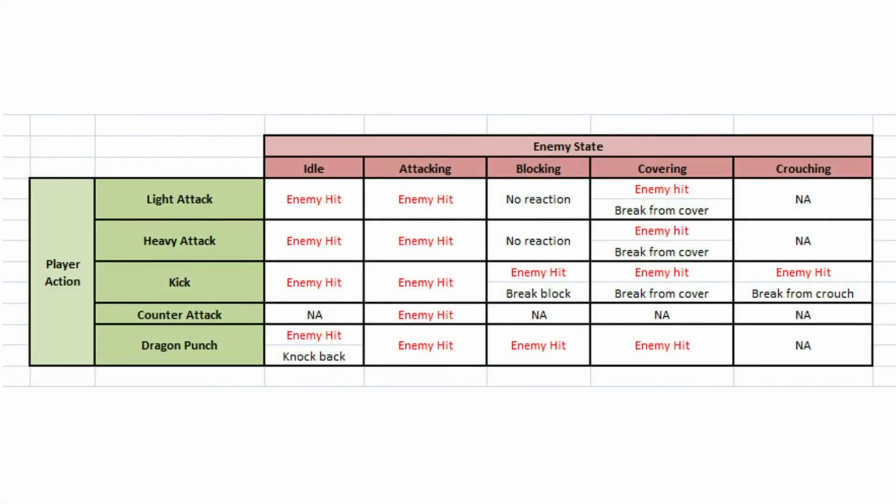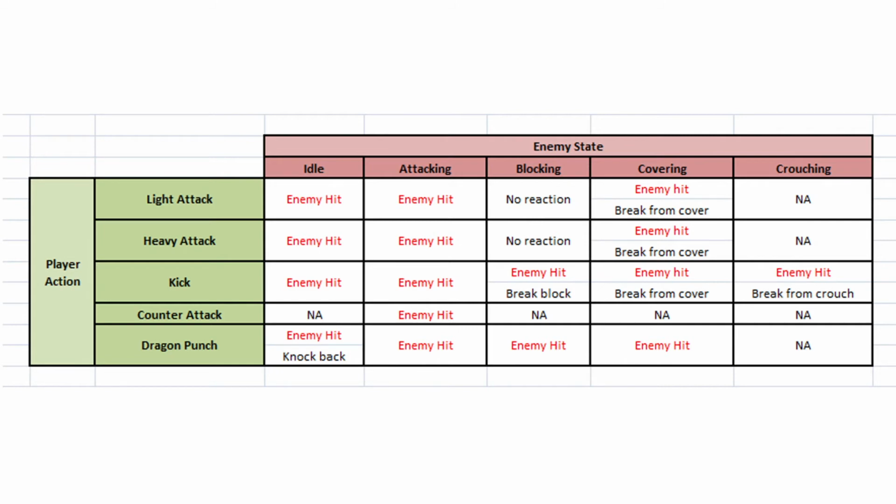So we're going to look at some stuff for a simple beat 'em up now. Thinking about this is about the effects in combat of different attacks. Beat 'em ups tend to have several different attacks that you can use, and here's a table that has been created, which is looking at a grid between the player action.